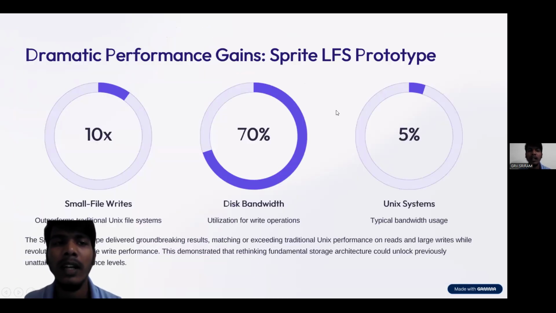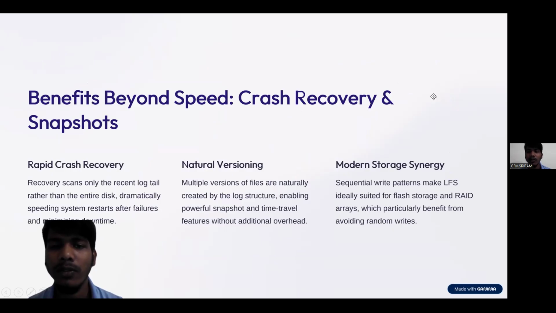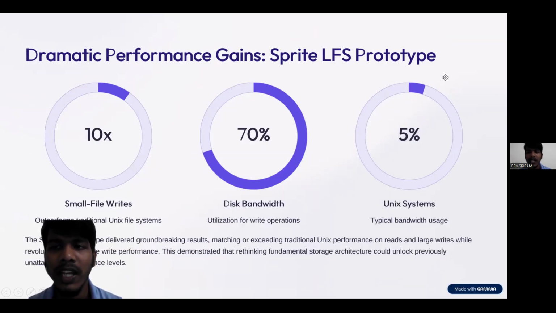So when we talk about the dramatic performance gains, here it is the Sprite LFS prototype. Here we talk about small file writes, disk bandwidth, and Unix systems. When you talk about the small file writes, it outperforms traditional Unix file systems, and disk bandwidth utilization for write operations versus typical Unix systems bandwidth usage.